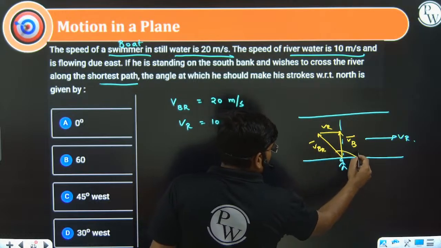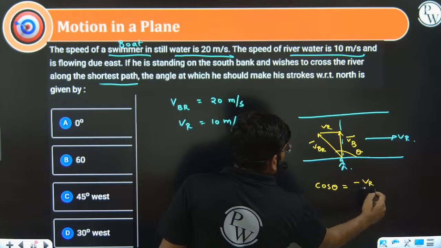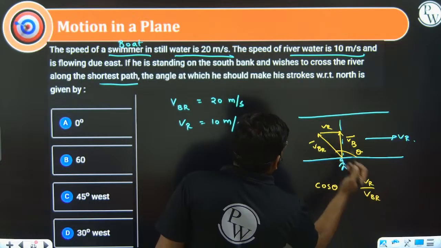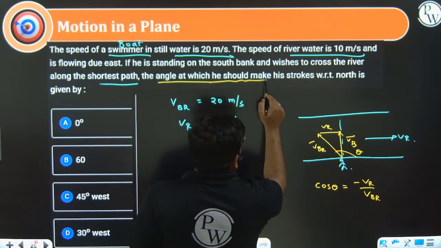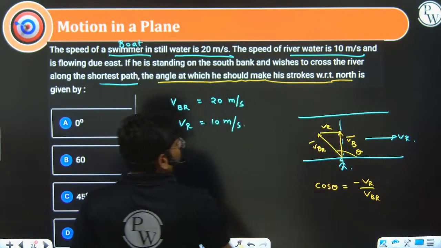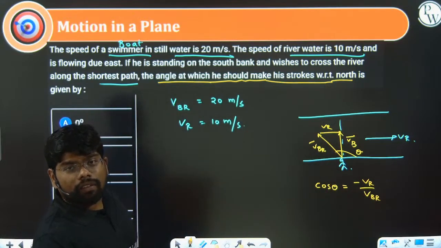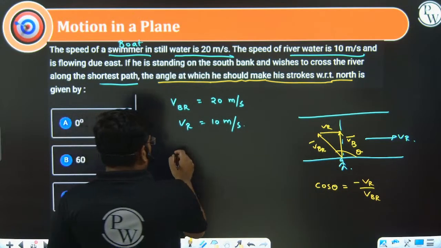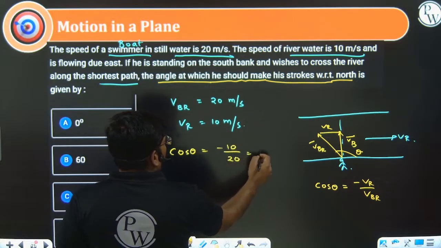If you want to find this angle theta, the result is cos theta equals minus VR by VBR. The question asks for the angle at which he should make the strokes with respect to north. First let us find it with the east, then we can tell the angle with the north automatically. So cos theta is equal to minus VR by VBR, which is minus 1 by 2.